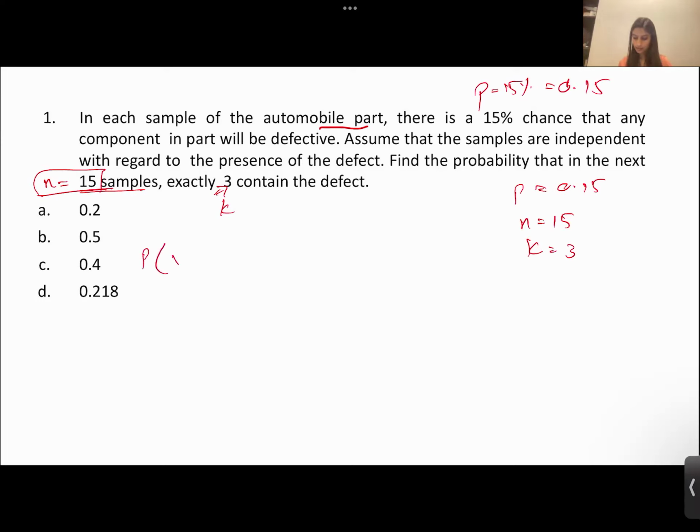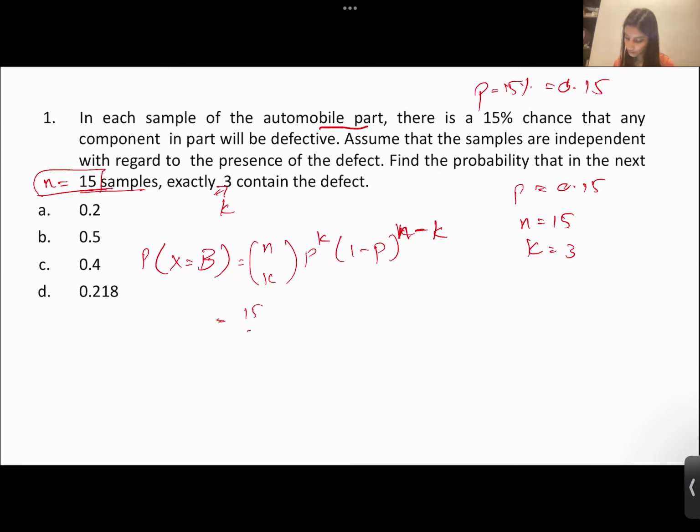Find the probability that exactly 3 contain the defect. So you need to calculate P of X is equal to 3. You can use the binomial distribution here. So we know it's n choose k, p power k into 1 minus p power n minus k. I just substitute the values here.